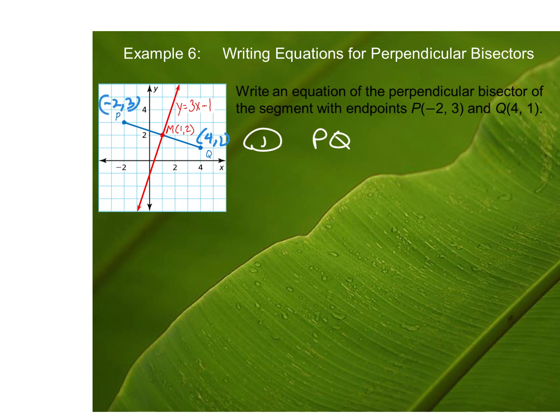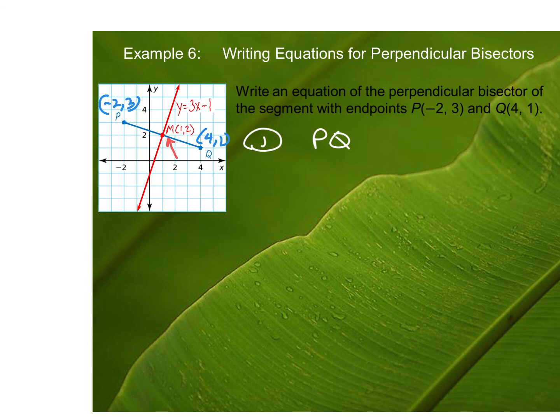So the next thing I want to do is find the midpoint. Well, obviously, if you're given a picture like this, the midpoint is already labeled for us. It's this ordered pair (1, 2). But I'm going to do the calculation because you're not going to be given a graph. You're going to have to do the calculations.